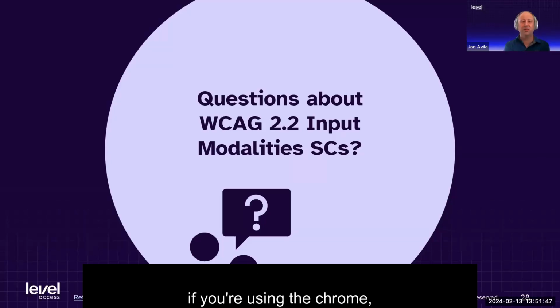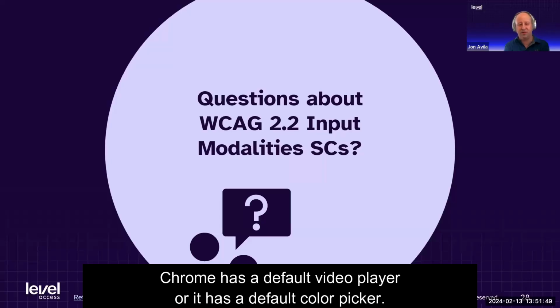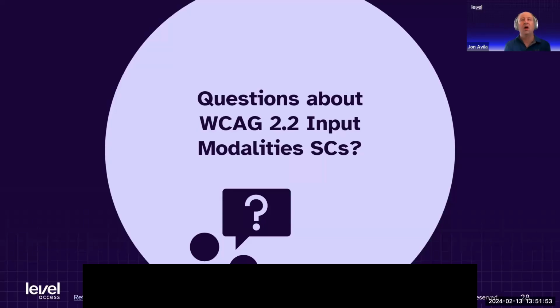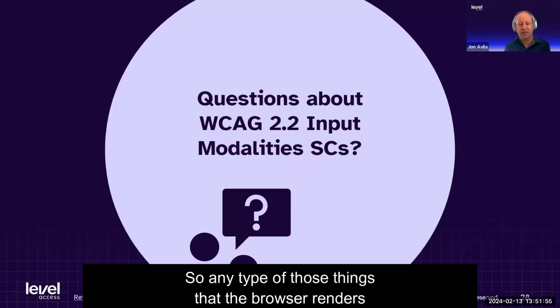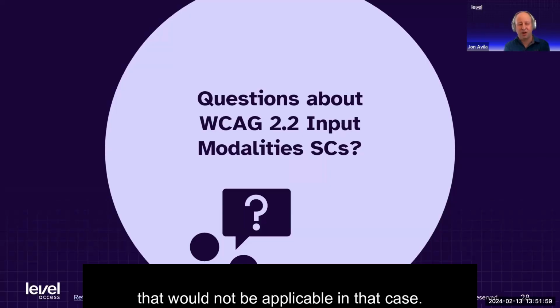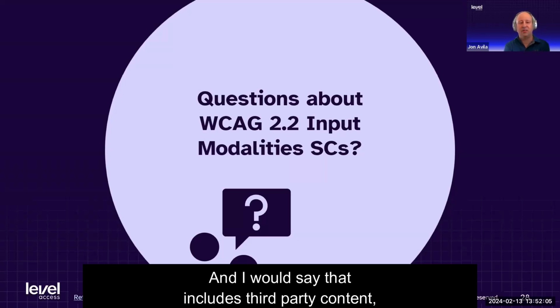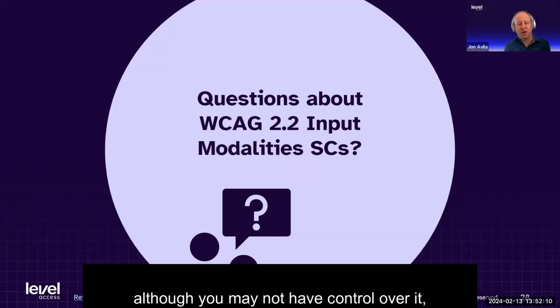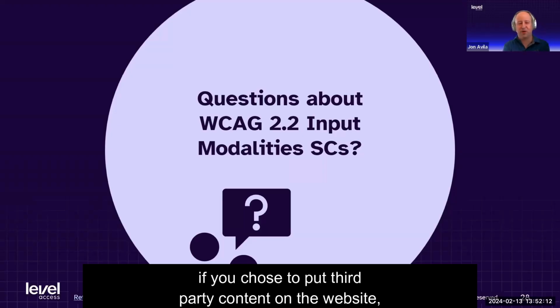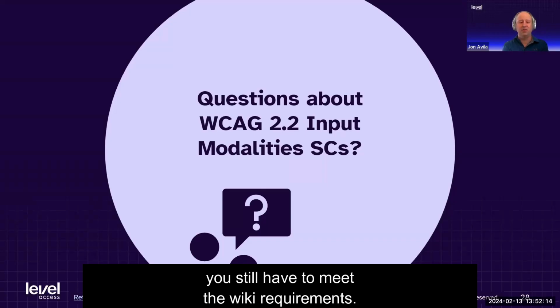For example, Chrome has a default video player, or it has a default color picker. So any of those things that the browser renders would not be applicable in that case. It's things that you as the author create, and I would say that includes third-party content. Although you may not have control over it, if you chose to put third-party content on the website, you still have to meet the WCAG requirements.